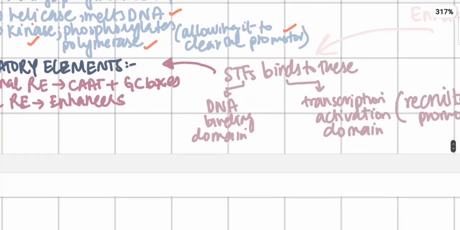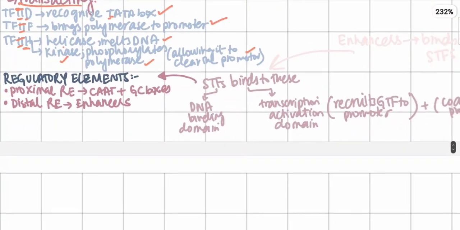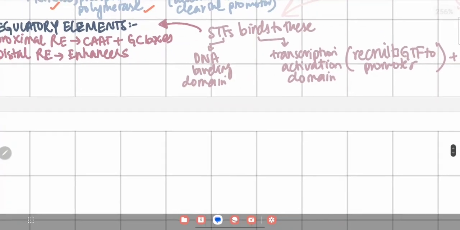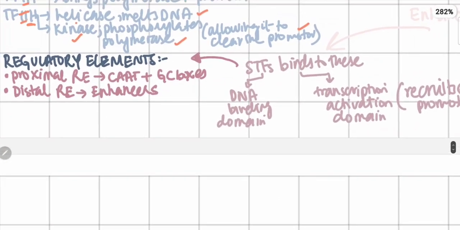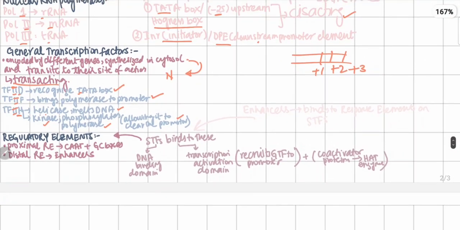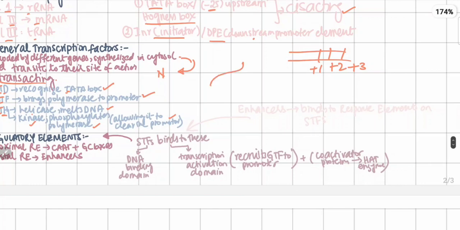Then there are certain regulatory elements. They could be proximal or they could be distal. What do proximal and distal mean? This is the DNA, like this. So this is our region of transcription.